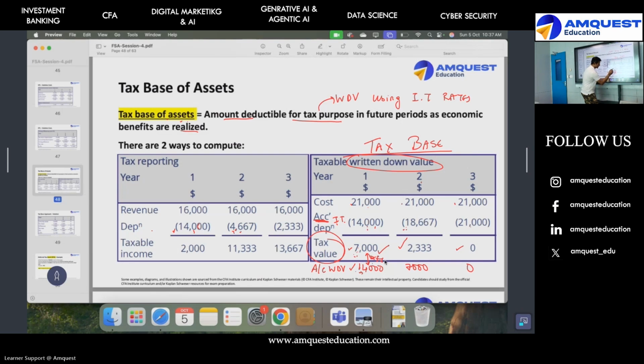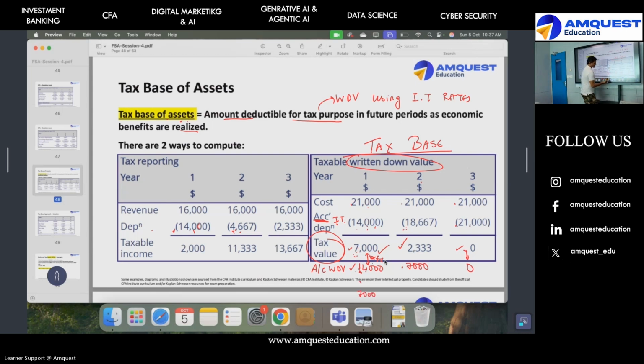Tax allowed 14, you took only 7. So the short charge of 7,000 is the difference. Tax allowed 18, you took 14, so the short charge is 4,667. Tax allowed 21, you took 21, there is no short charge here. So this difference is directly on account of the depreciation charge till date.